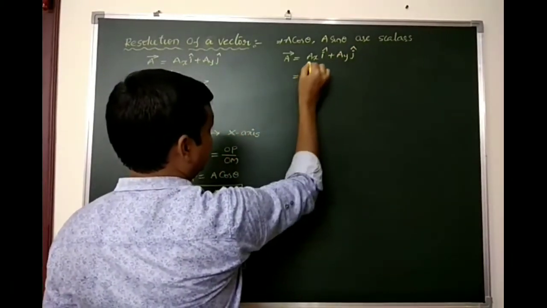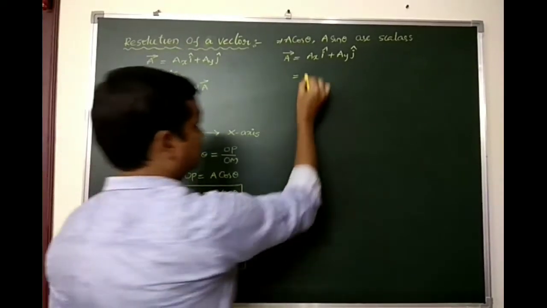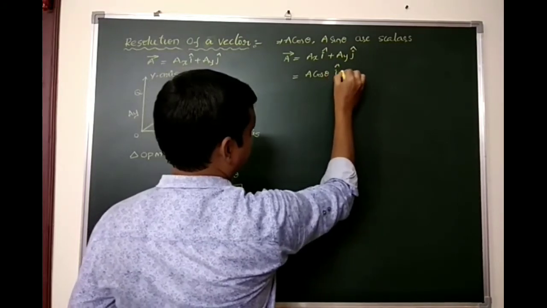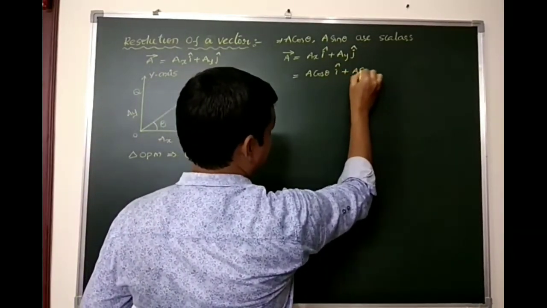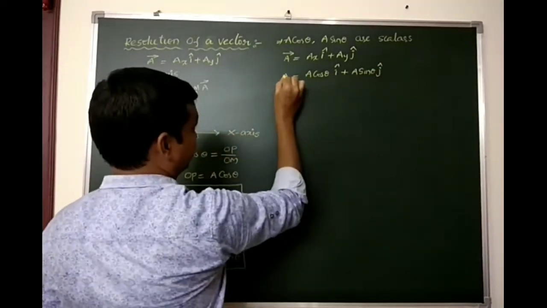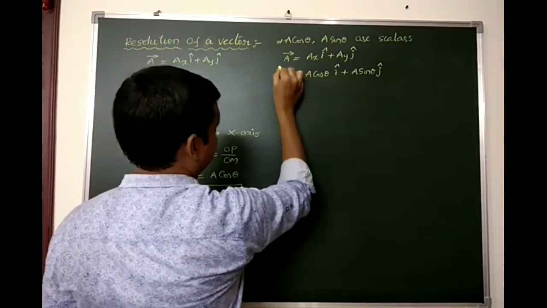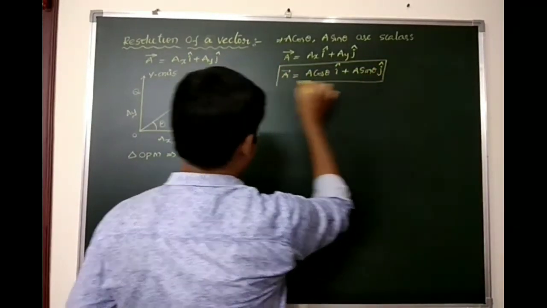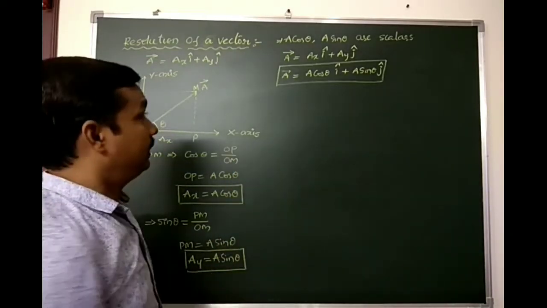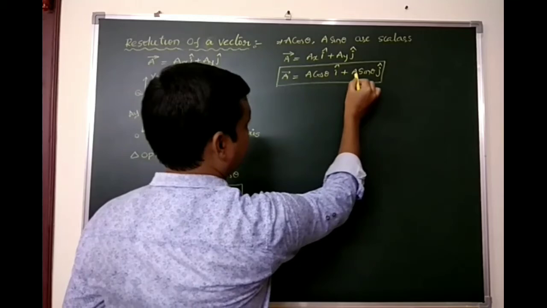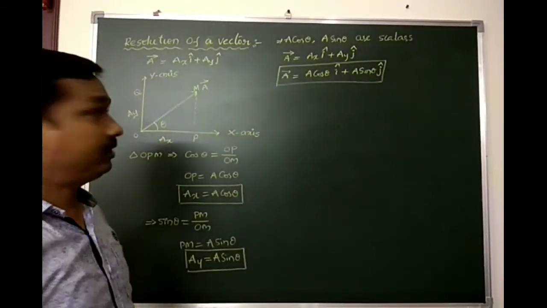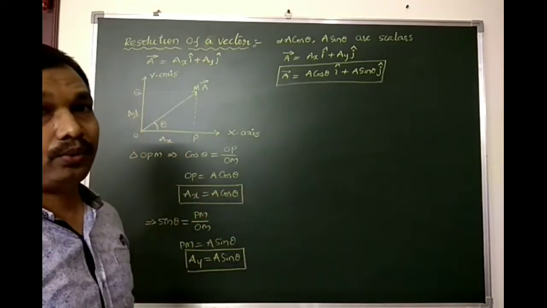Ax is nothing but A cos theta i cap plus A sin theta j cap. This is the representation of a vector in terms of components. Here A cos theta is giving you magnitude, A sin theta is giving you magnitude, and i cap, j cap are giving you directions along the x-axis and also the y-axis.